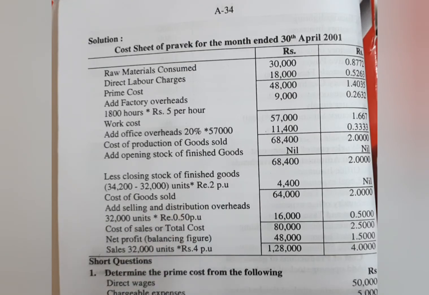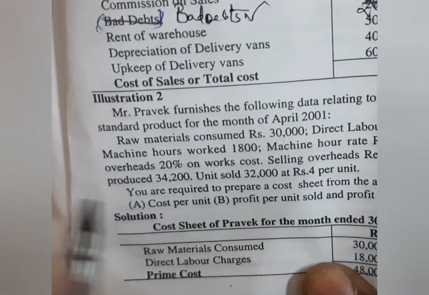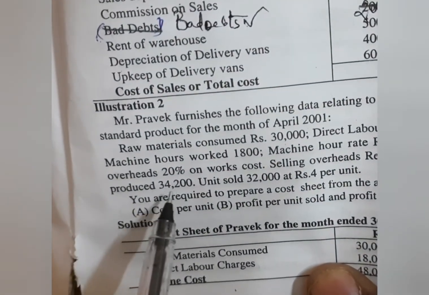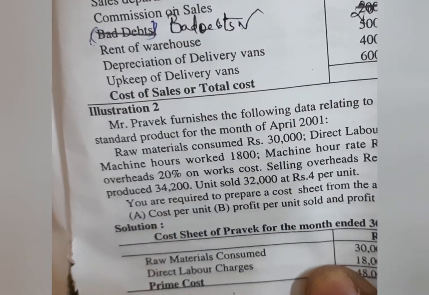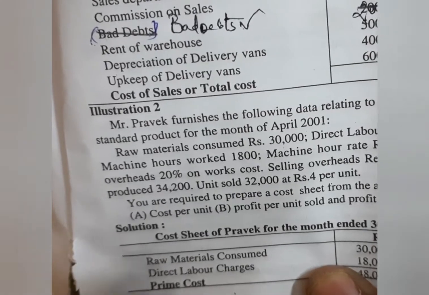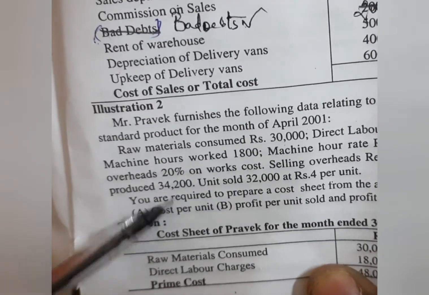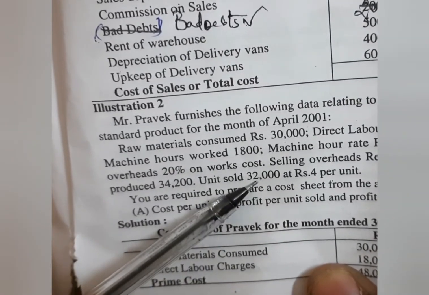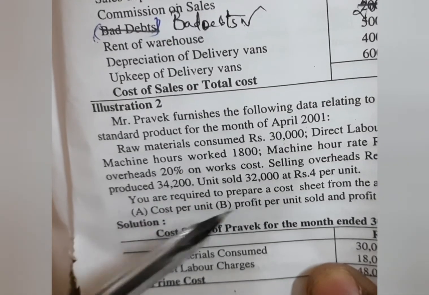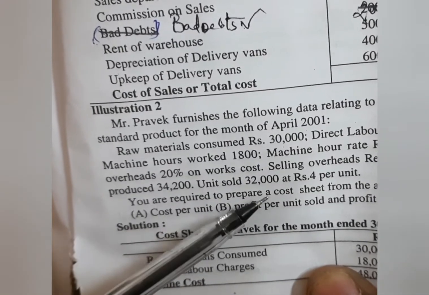How I got closing stock of finished goods means, see in the question, he has given clearly: 34,200 produced. How many sold? 32,000 sold. So how much difference? It is 2,200 difference.